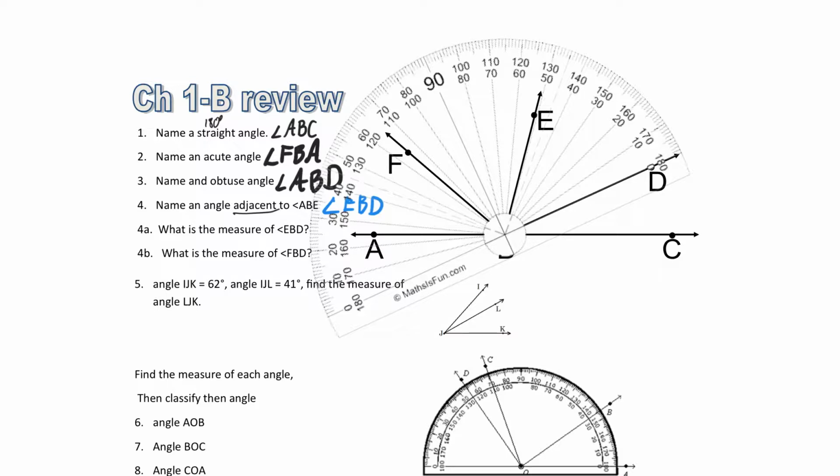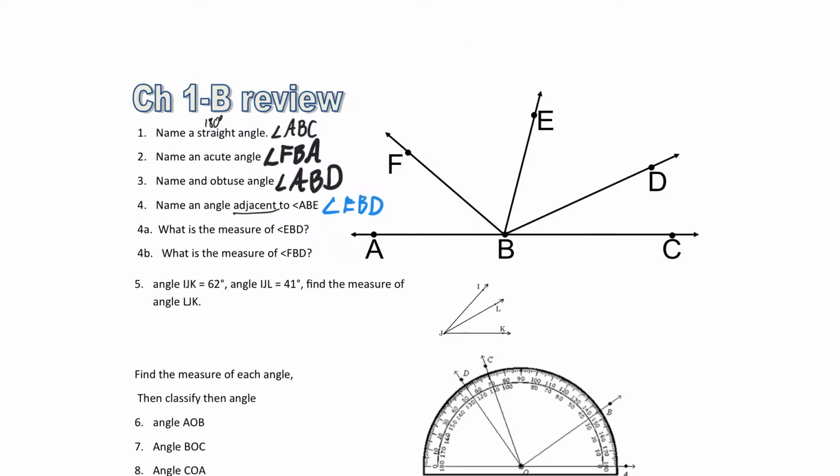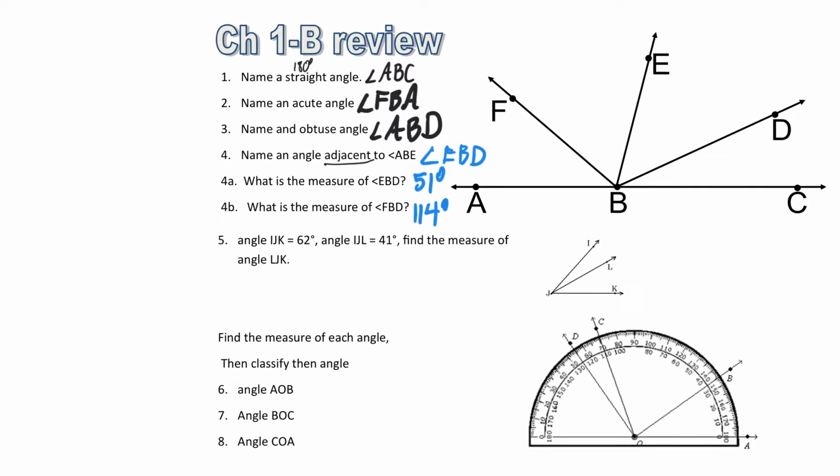You can see it's between 110 and 120. It's definitely an obtuse angle, so about 114, 115. So this one was about 51 degrees, and this one's about 114, 115. On your test, obviously it's multiple choice, and it won't be like I'm off by 1 degree on the answer choices. It gives you a little bit more room to work with.